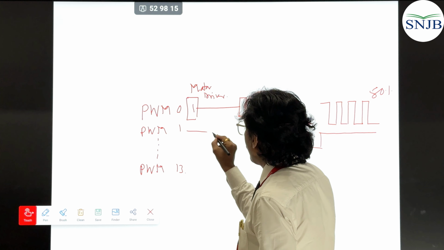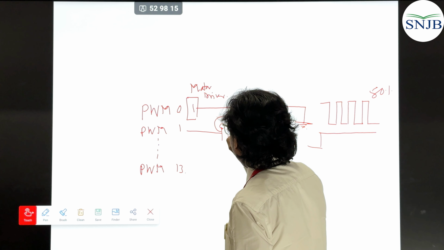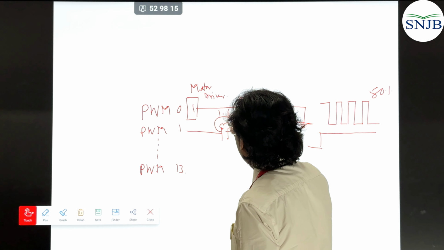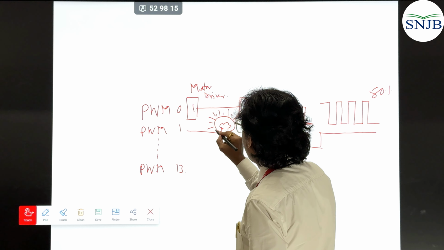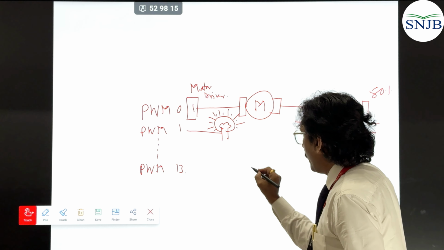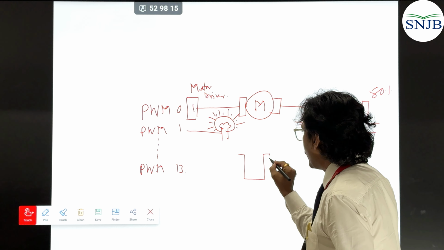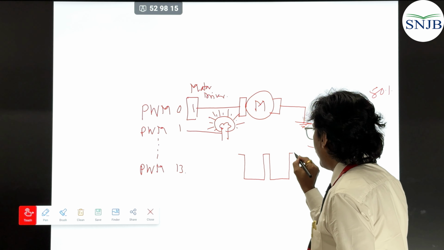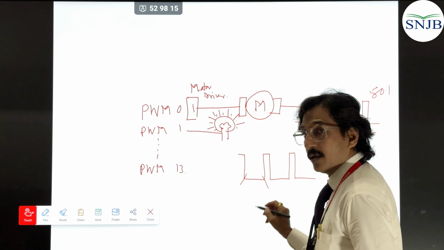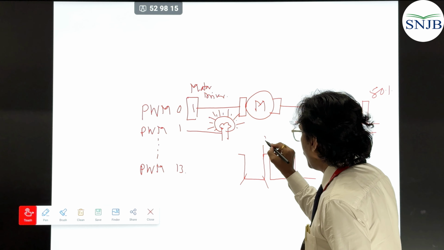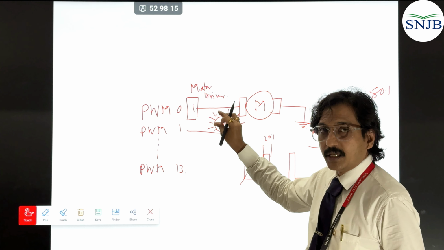For example, here one bulb is connected. If the duty cycle is less, say 20% uptime and 80% downtime, then the intensity of the bulb is less.